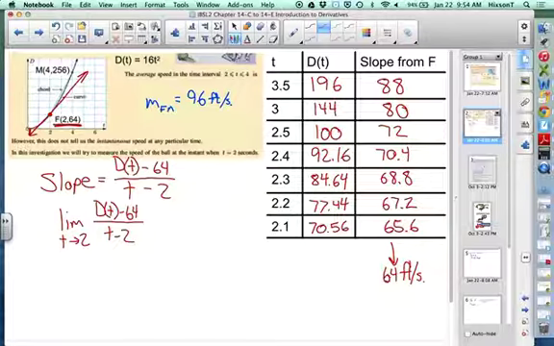Now, you guys can see there's a problem with that because t can't equal 2. Now, if you look at what we did for the last couple days with our limits, if I plug in what d of t is, d of t is 16t squared, what could I do?